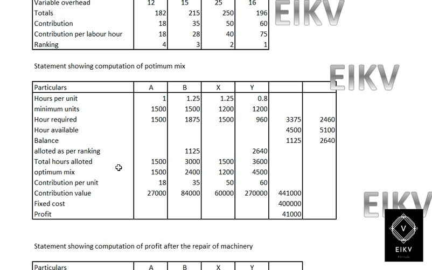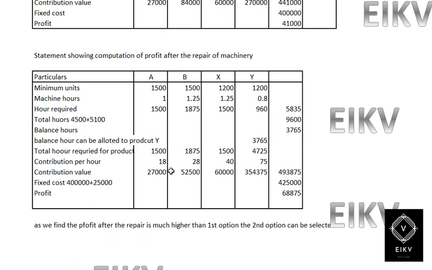After computing the total hours allotted, we divide by the machine hour per unit to get the optimum mix. The optimum mix is multiplied with contribution per unit to get the contribution value. After subtracting the fixed cost from the total contribution, we get the profit. Over here it is 41,000.